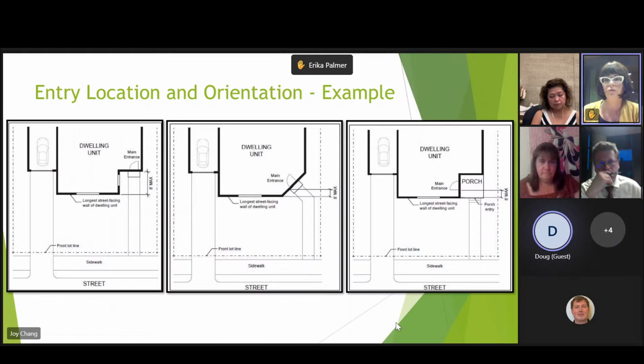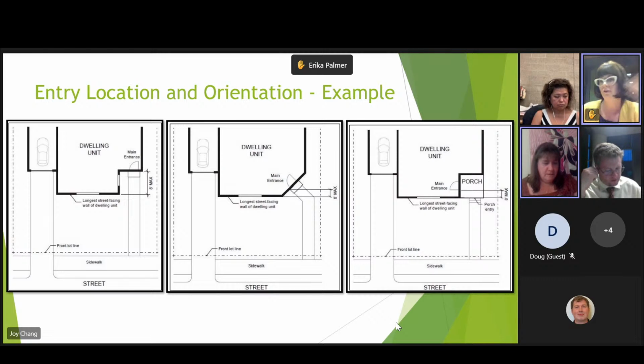So, I mean, that's true. We could list design criteria for a garage door that people could choose from. Windows, trellis, 2 different design materials. I don't know. We could come up with some more.